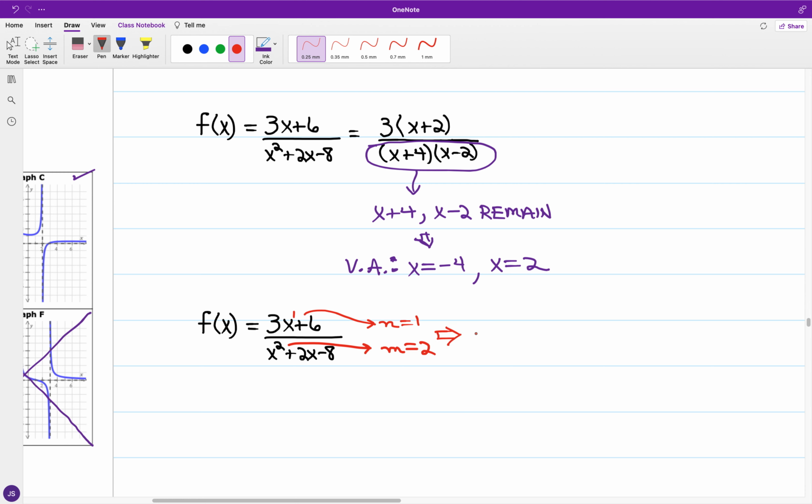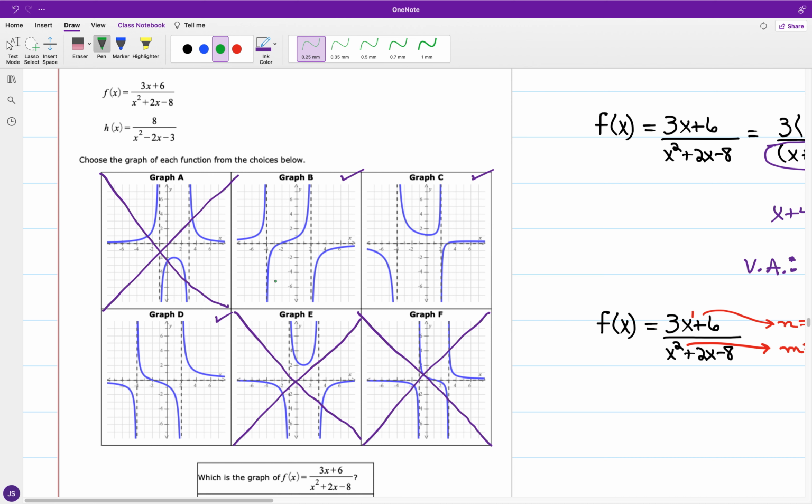For the comparison of the degrees, we have n less than m, and this signifies that we're going to have a horizontal asymptote at y equal to 0, which is the x-axis. You notice that B, C, and D all have the same horizontal asymptote.